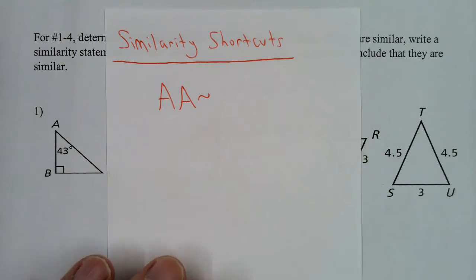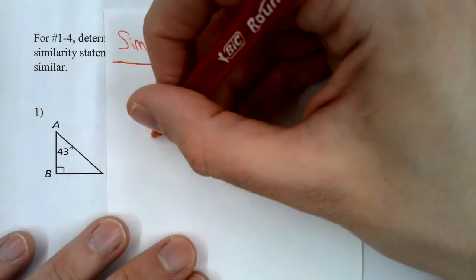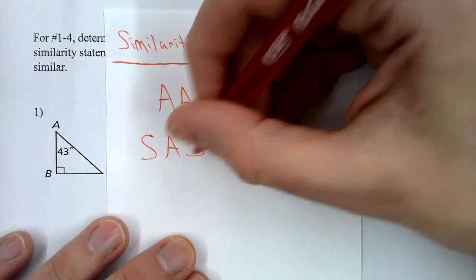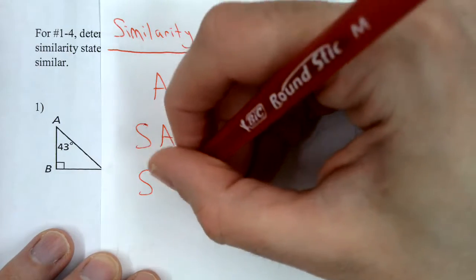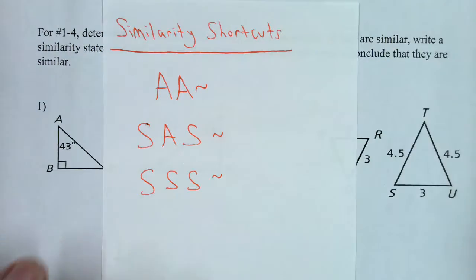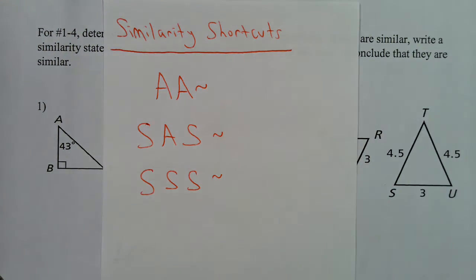Then there was side similarity. And then finally, there was side similarity. So these are the three shortcuts that we did for this unit: angle similarity, side similarity, and side similarity. Let's see if we have these for these problems.